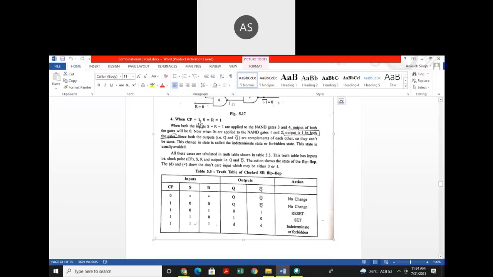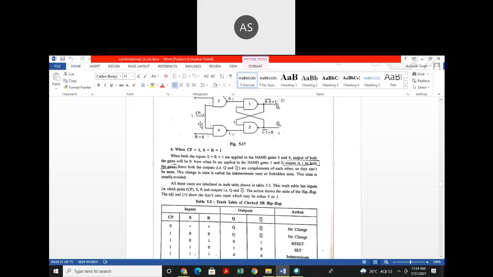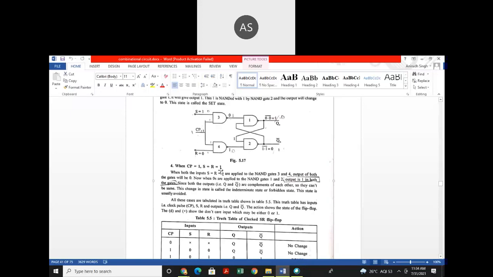When CP is 1 and S and R both are 1, then we get 0 here, and if any terminal of NAND gate is 0, then we get 1 at the output terminal, which is not allowed.